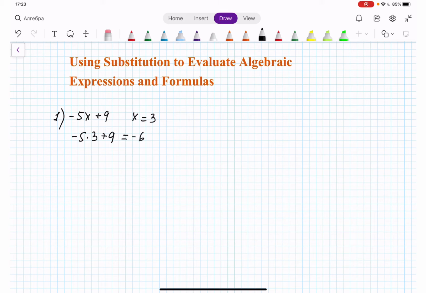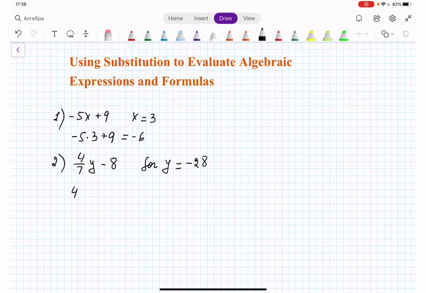Question number 2. So evaluate 4 over 7y minus 8 for y is equal negative 28.